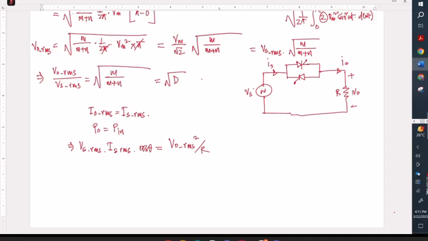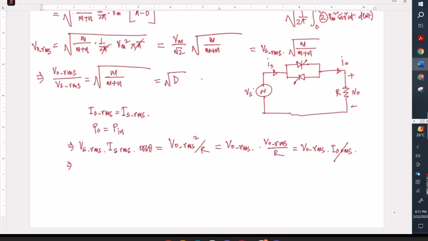Any question regarding this? So in that case, we can write it down as V naught RMS multiplied by V naught RMS over R, or we can write it down as V naught RMS multiplied by I naught RMS.